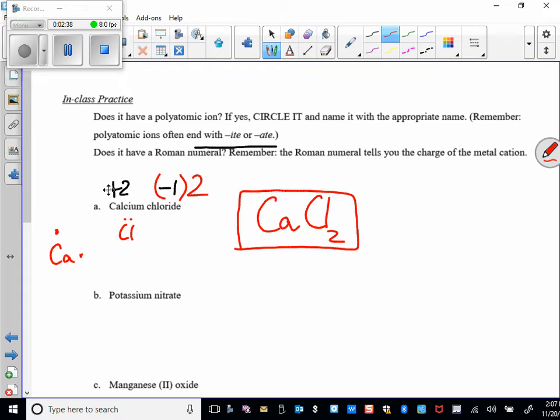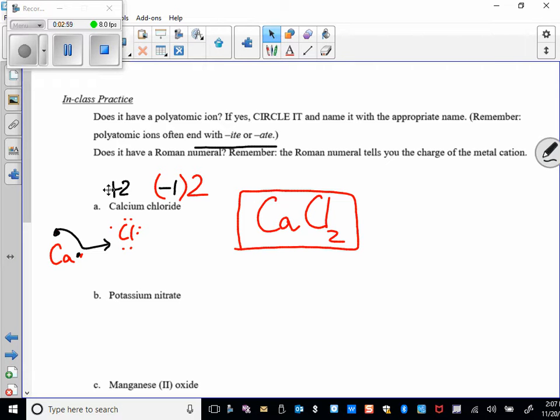Chlorine has 7 valence electrons. So 1 calcium can give to chlorine, but they can't combine in a 1-to-1 ratio. This calcium is still left with 1 more, and that chlorine is complete.